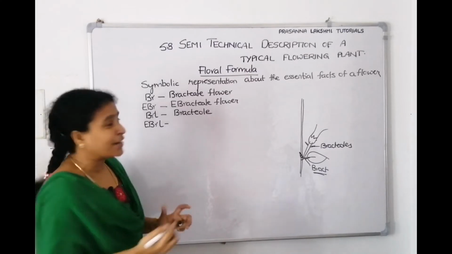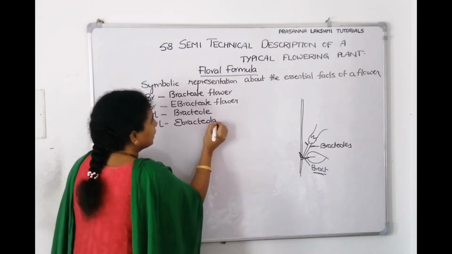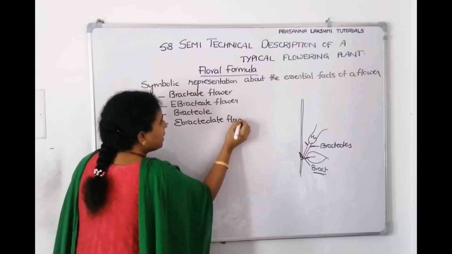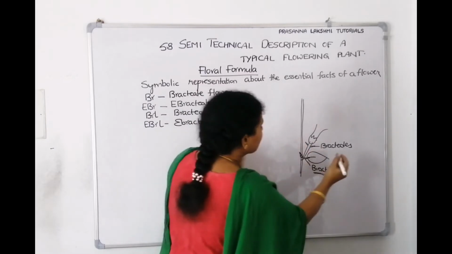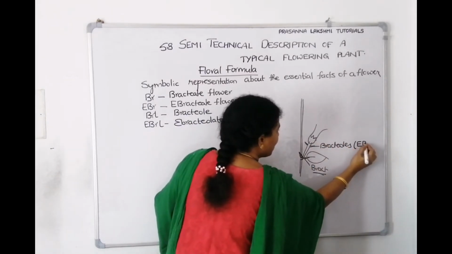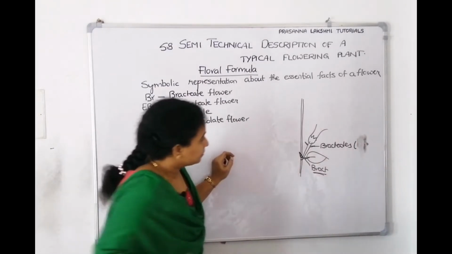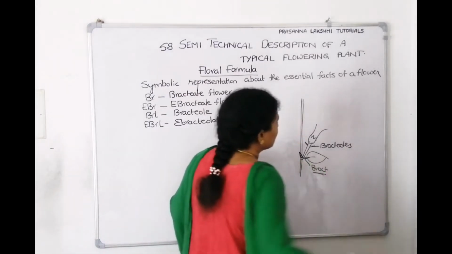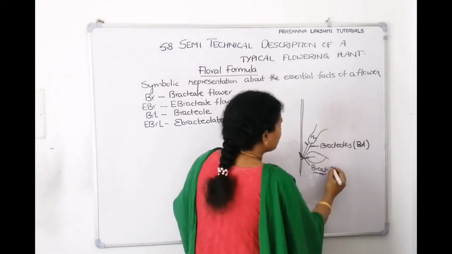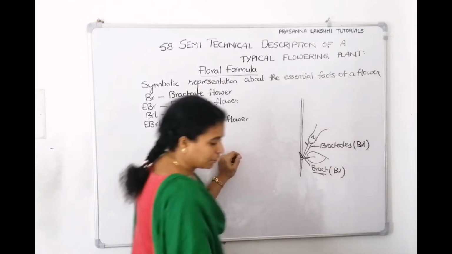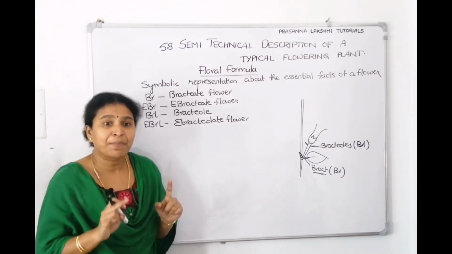EBRL means it's an ebracteolate flower, that is, the bracteoles are absent. If they are present, you have to use BRL. So what symbol do we use if bracteoles are there? BRL. What symbol do we use if bract is there? BR, right? So we understood what symbols we give for bract and bracteoles.